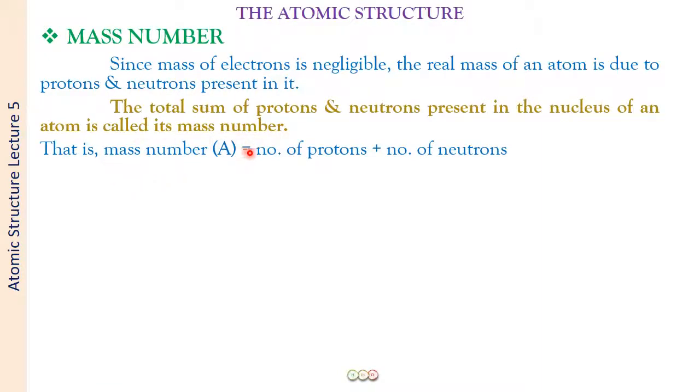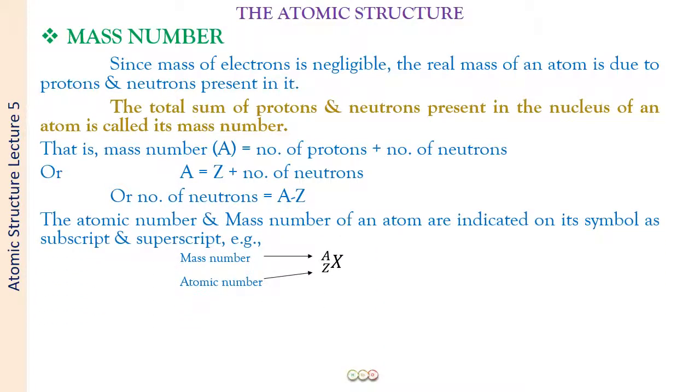Mass number is equal to the number of protons plus the number of neutrons. If we denote the mass number by A and the number of protons by Z, then A is equal to Z plus the number of neutrons. Or we can say the number of neutrons is A minus Z.